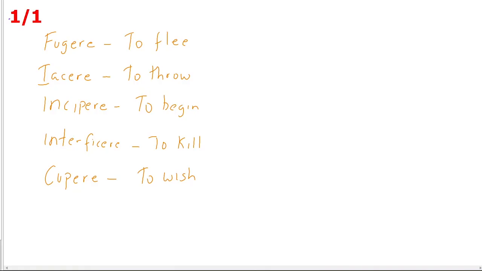Now next time around we'll take a look at how we can understand by looking at the dictionary which words belong to which conjugations, and for this we will have to keep in mind the 4 principal parts which we saw in the earlier classes.